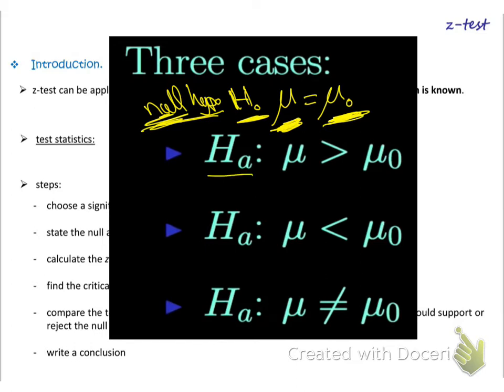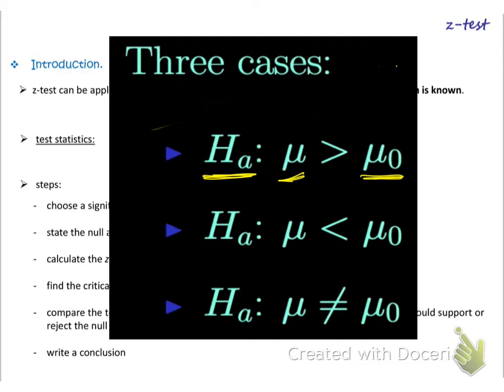The alternative hypothesis could be that mu is greater than mu naught. For example, if the problem says that H naught is mu less than mu naught, this is my null hypothesis.